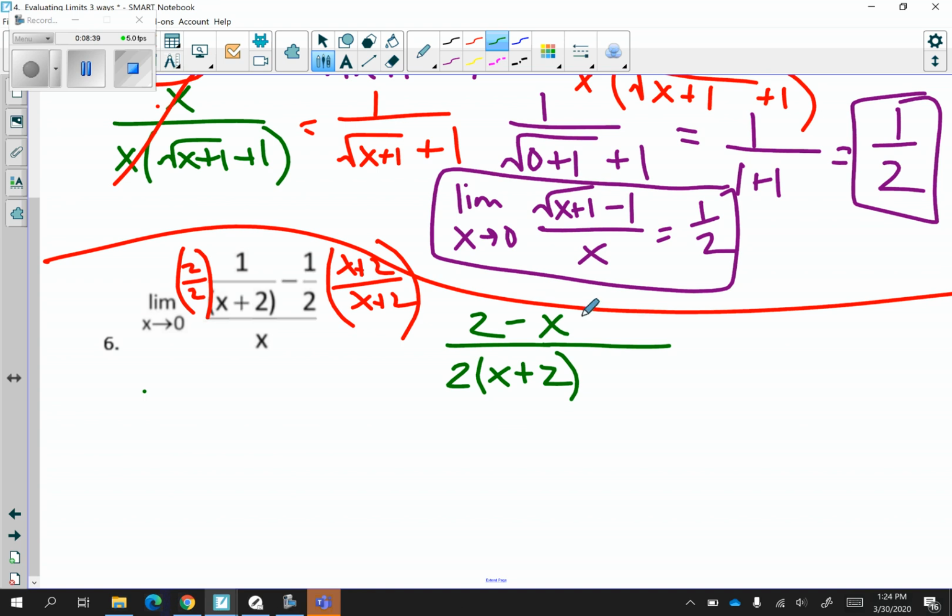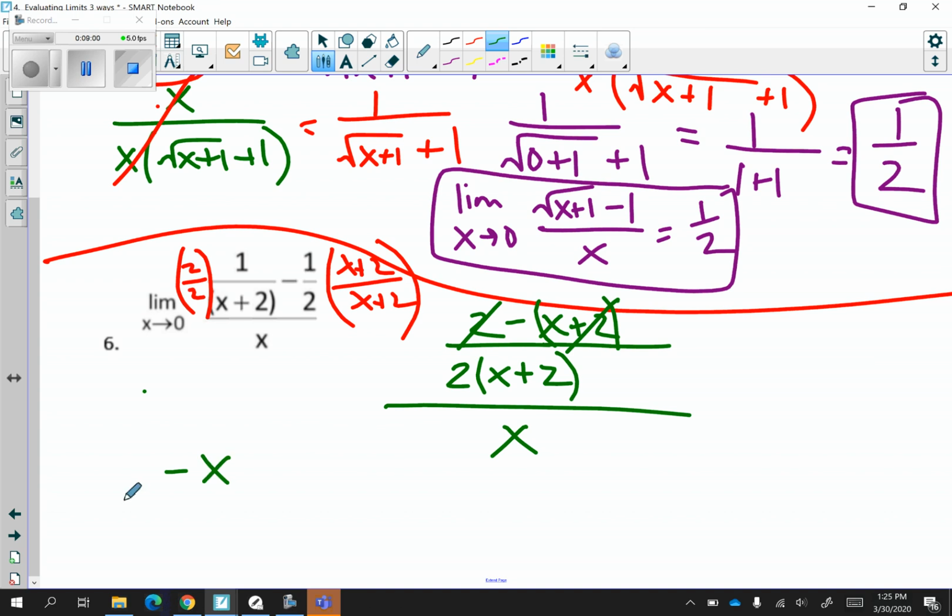x + 2. I'm going to put that in parentheses, all over x. So let's combine the numerator. So the 2 minus 2 go away.